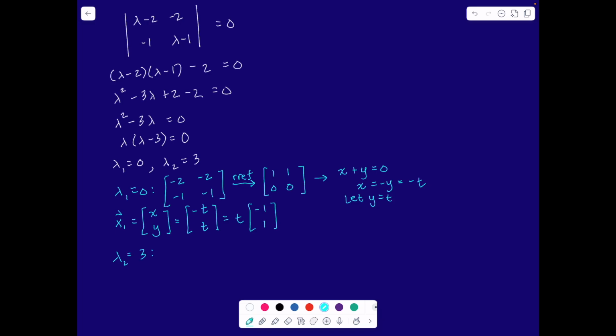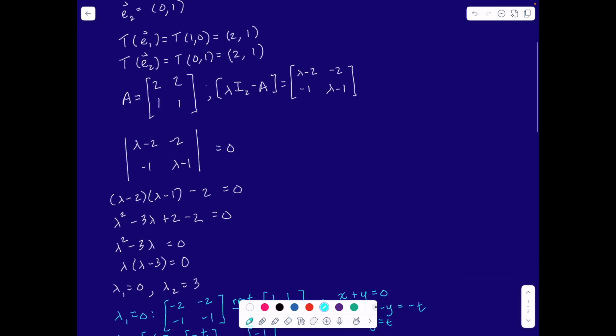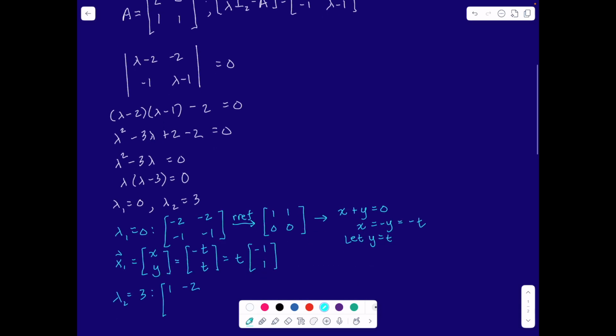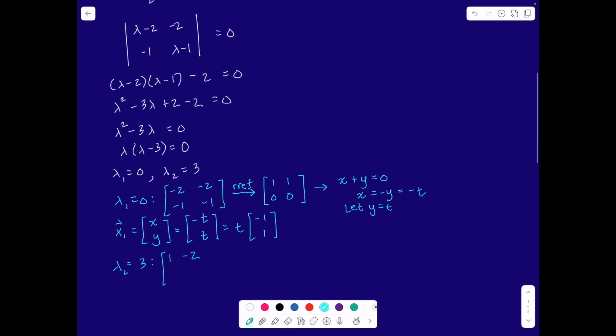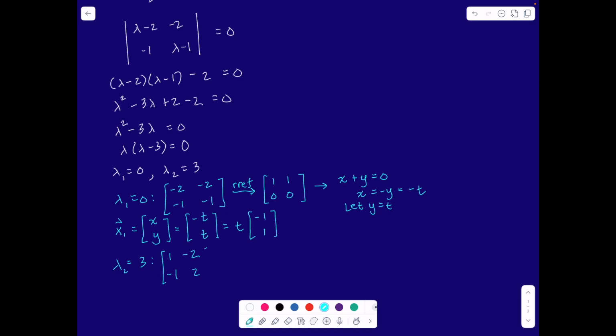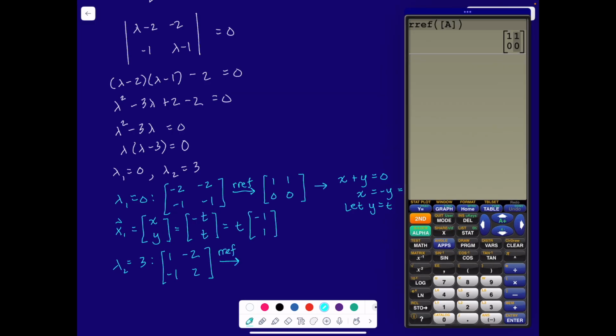All right, and then for lambda 2 equal to 3, we'll have 3 minus 2 is 1. We'll still have that negative 2, negative 1, and then 3 minus 1 is 2. Getting the RREF, we can just go, and it'll be a lot quicker.